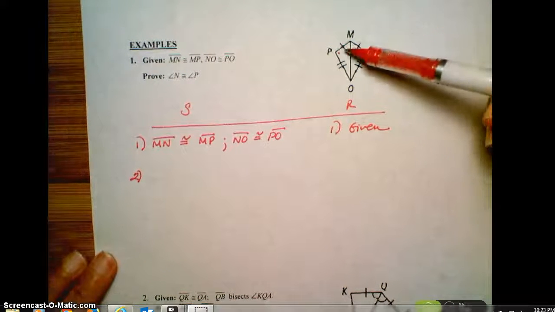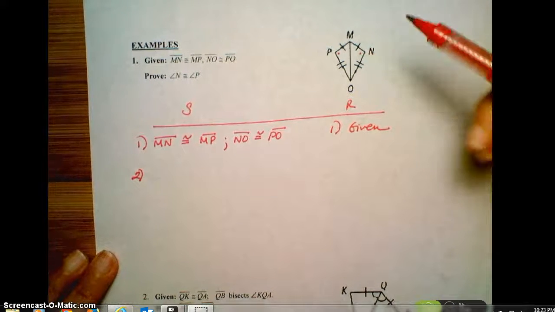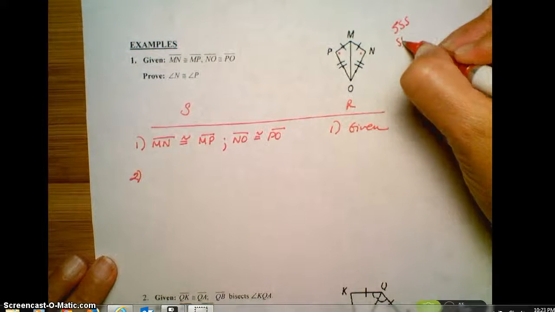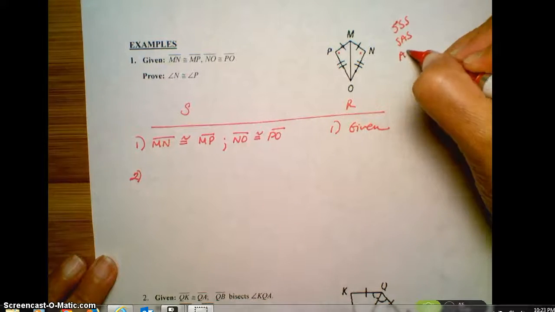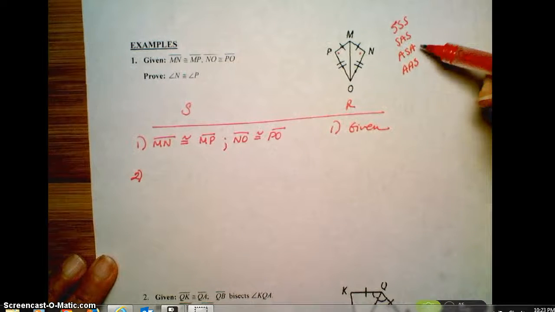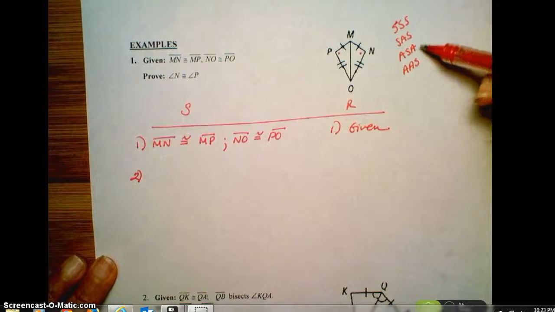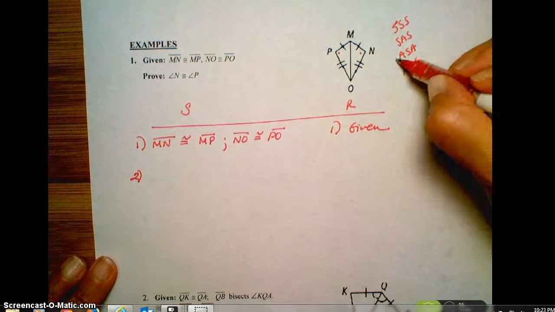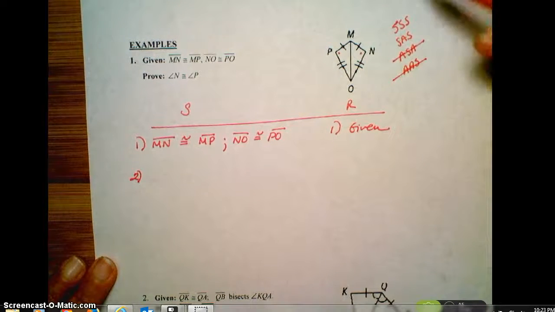So right now I have two sides congruent, and if I list the 4 ways, side, angle, angle, and angle, side, these last two require that I have two pairs of angles congruent. I don't have that, so we're going to go ahead and cross those out.